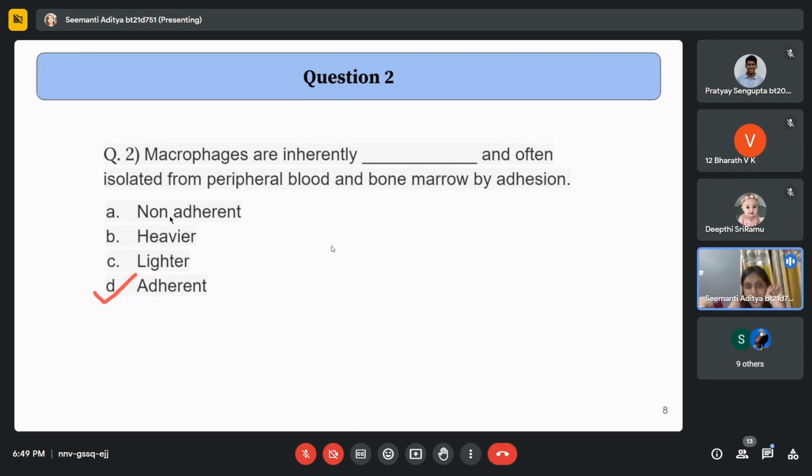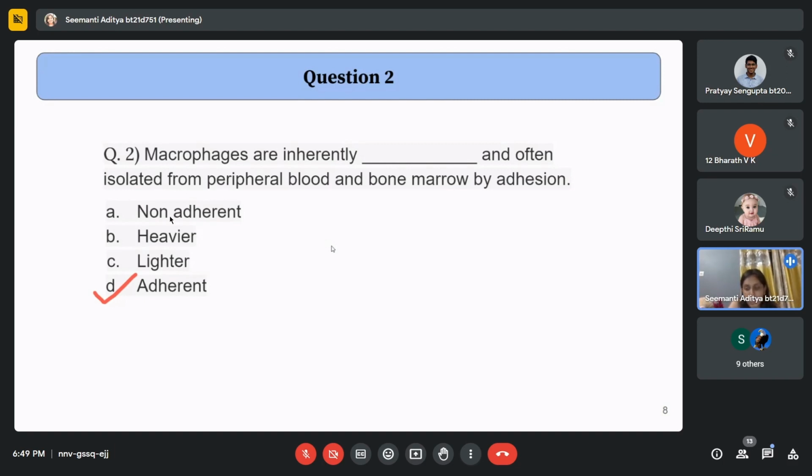So they are adherent cells, but when these macrophages are isolated and grown in culturing conditions, they seem to be not fully adherent. They are semi-adherent, floating cells, but in the in vivo system inside the body they are adherent.